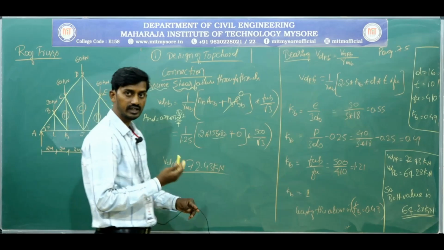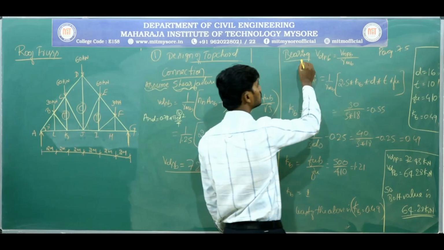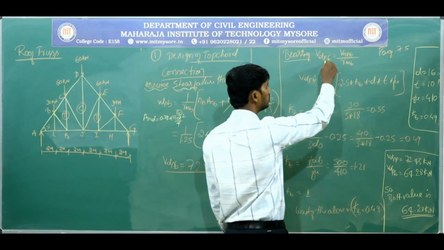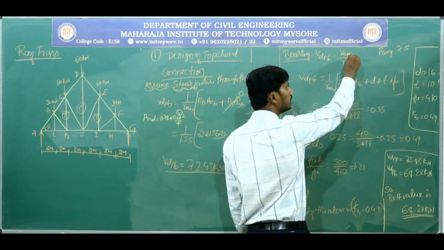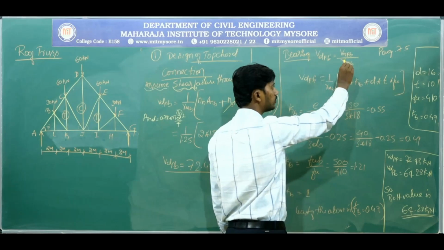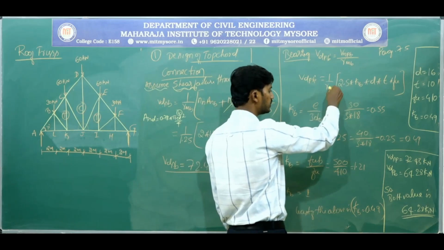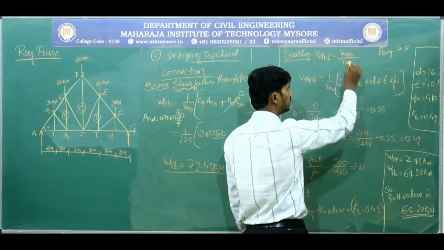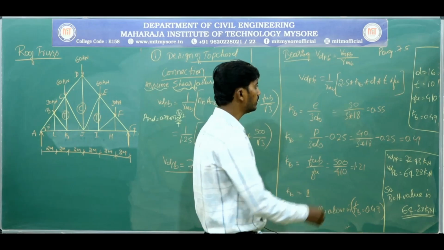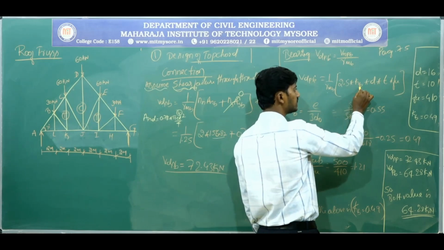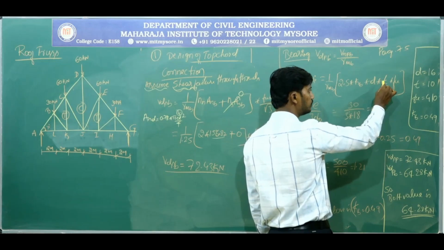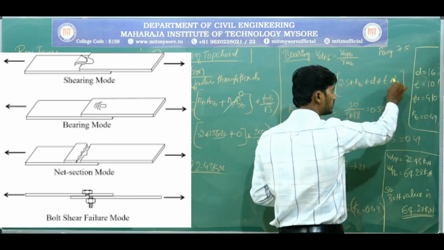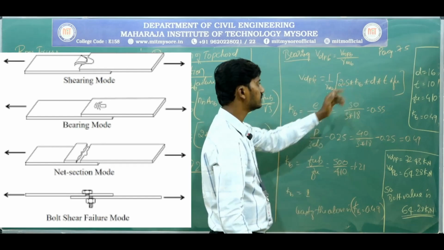Same way, if you do it for bearing capacity, the bearing capacity of the bolt will be VDPB, that is design bearing strength, which is equal to nominal bearing strength over the factor of safety. So what is the factor of safety? Here also the same, 1.25. VNPB, the nominal bearing strength of the bolt, will be equal to 2.5 times KB into D, the diameter of the bolt, into T, the thickness of the plate or angle, and the ultimate strength of the angle we should consider.